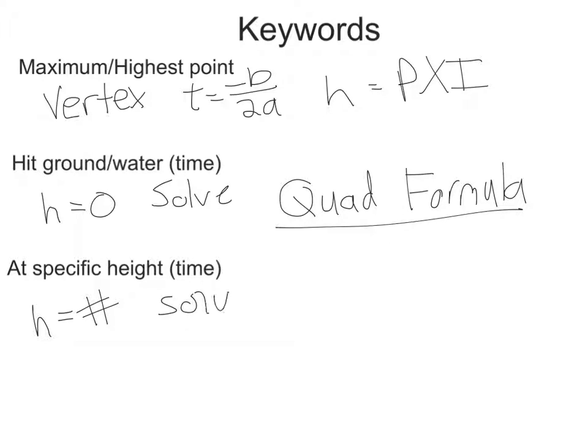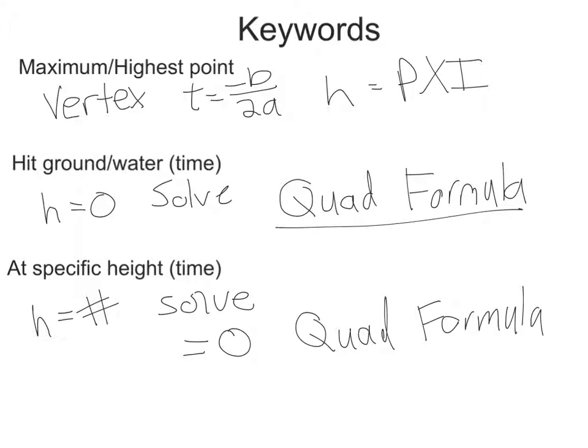So we're still solving, but we have to make sure that we have it equal to 0 before we use the quad formula. Once we have it set equal to 0, plug in your numbers the same way as you have been on the other ones, and those will all work out.